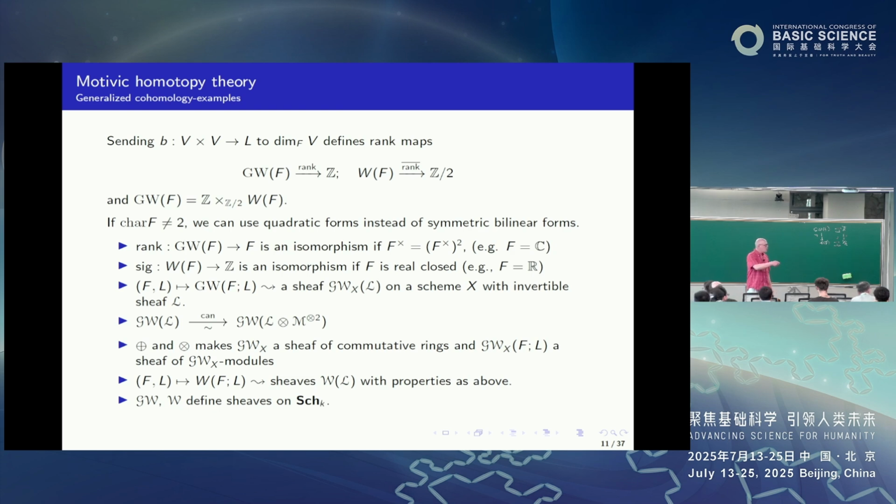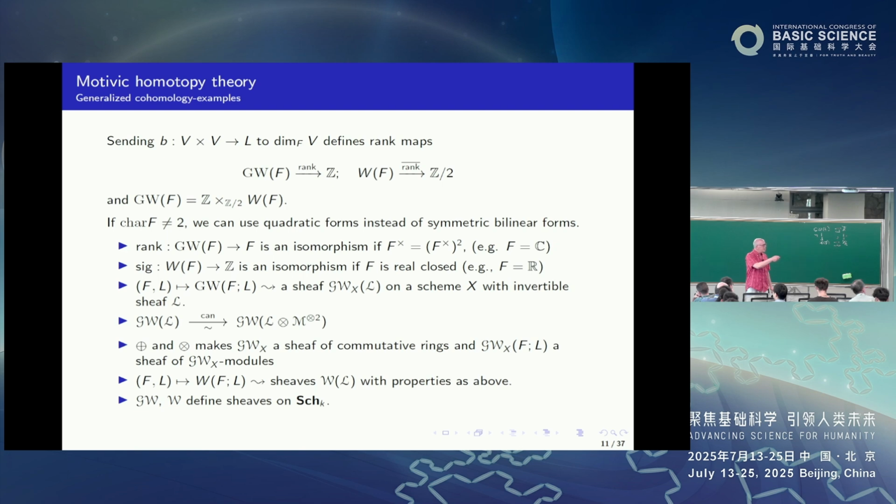If the field is quadratically closed, for example, an algebraically closed field, the rank homomorphism from the Grothendieck-Witt ring to Z is an isomorphism. The signature map, anytime you have an order on the field, you get an associated signature map, and that will be an isomorphism if the field F is real closed.